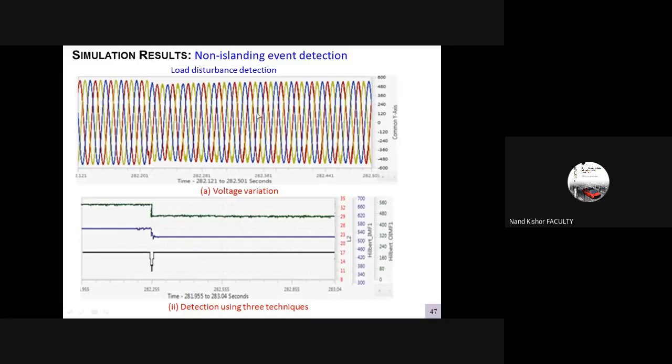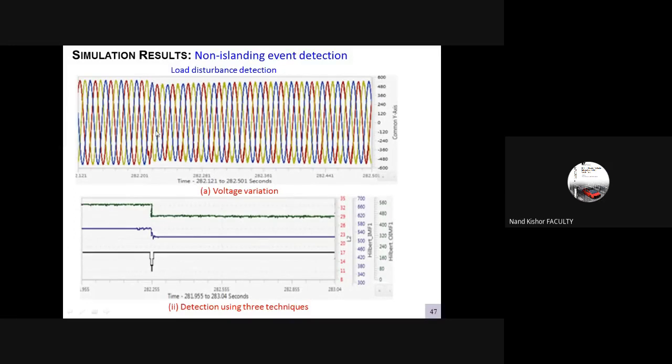This one is the case of a simulation result, in fact for the case of a non-islanding event. Here we have some disturbance, which is a load disturbance. Suddenly we have a load reduction. So we can see that we have a load disturbance.